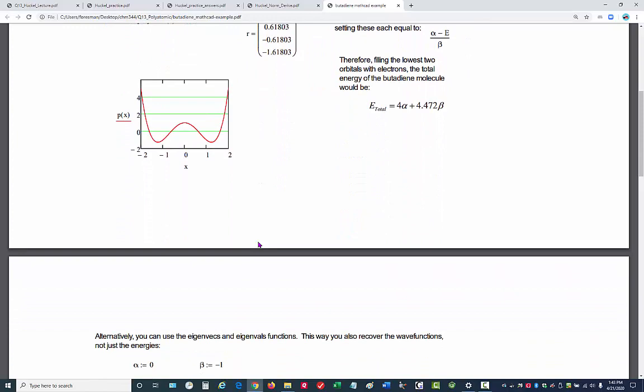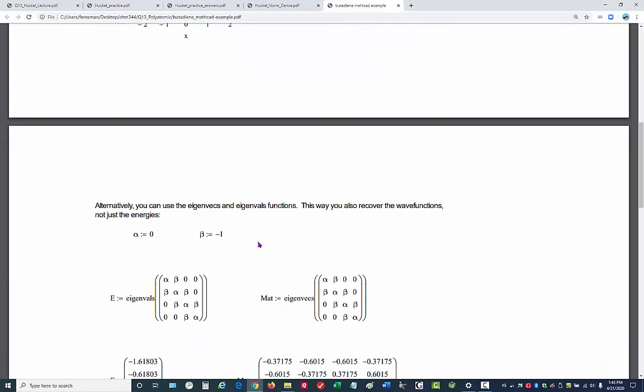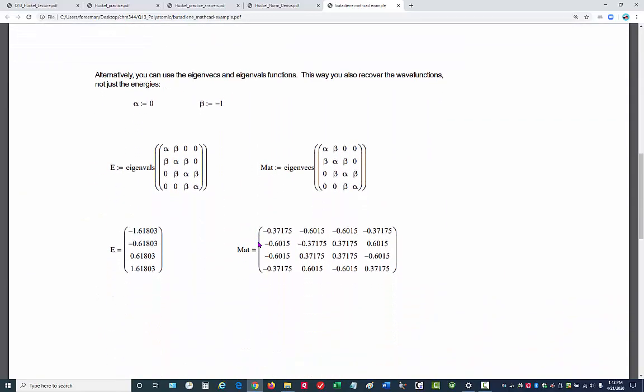There's an alternative way of doing this in MathCAD. I wanted to show you that. Instead, if you start out at the top of your document defining alpha and beta as being 0 and minus 1, you can create a different sort of matrix, one where instead of an x you put alpha, and instead of the 1s you put beta, and you can define the energies to be the eigenvalues of that matrix.